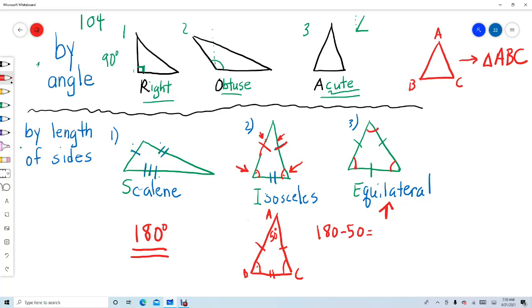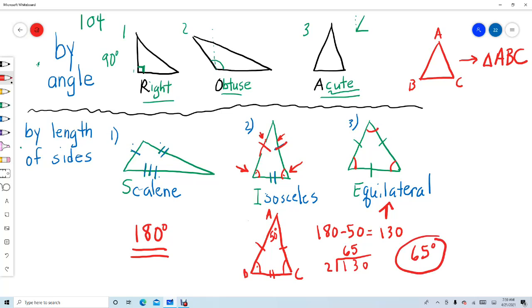So let's subtract out 50. Leaves us 130 left between angles B and C, and they have to be equal. So we just divide 130 equally into 2. That's 65. So the angles of B and C are both 65 degrees because they're equal to one another.